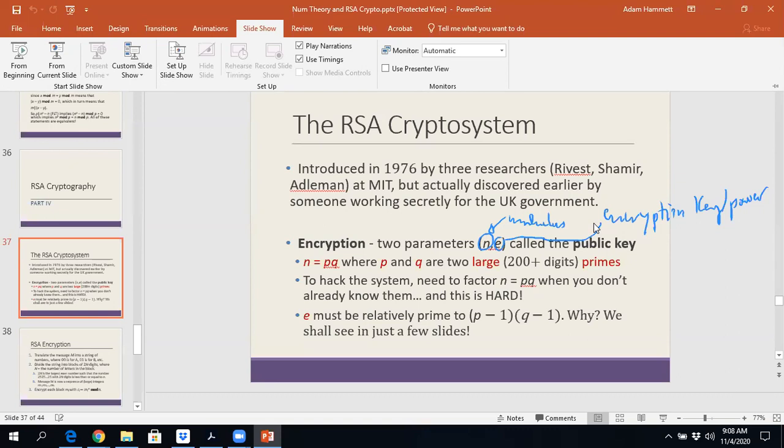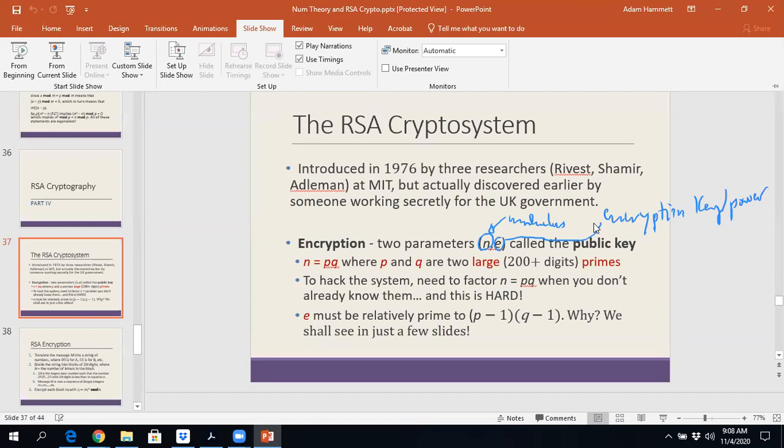You know you can find an inverse for E modulo P minus 1 times Q minus 1. And by the way, if I know P and Q, I will also know P minus 1 and Q minus 1, right? And so as a hacker, if I figure out what P and Q are, because you've published your modulus, yes? If I figure out what P and Q are, then I would know what P minus 1 times Q minus 1 is.